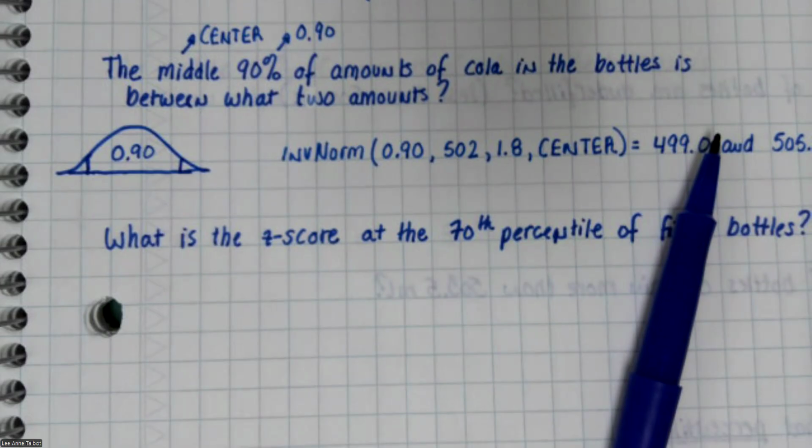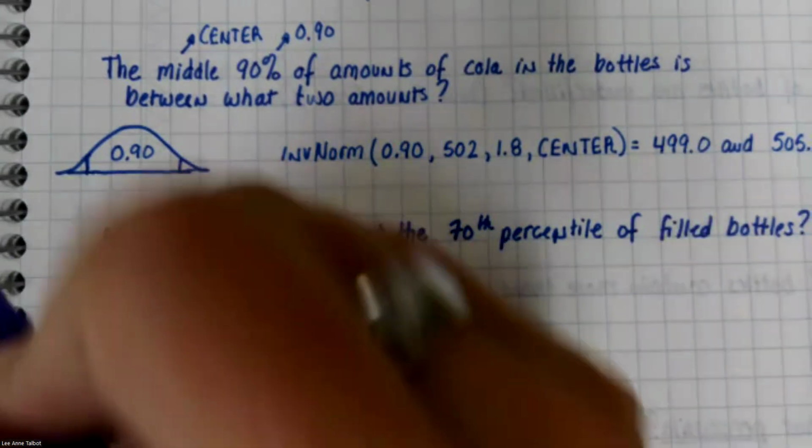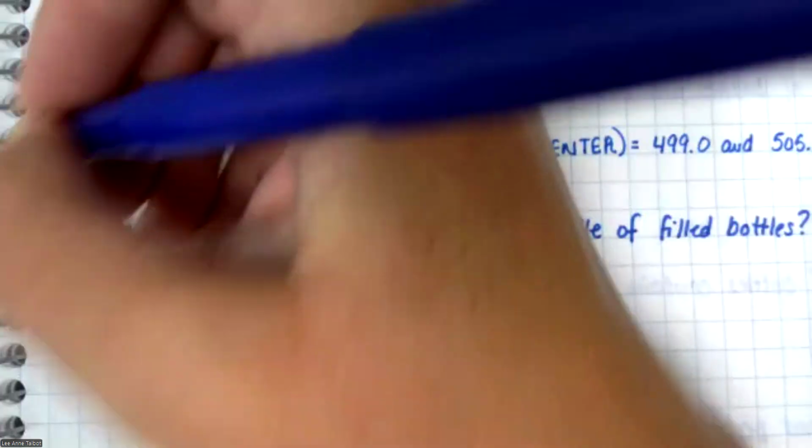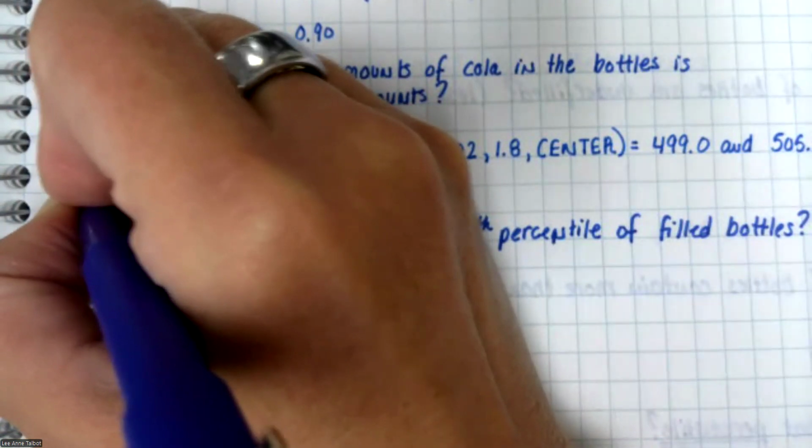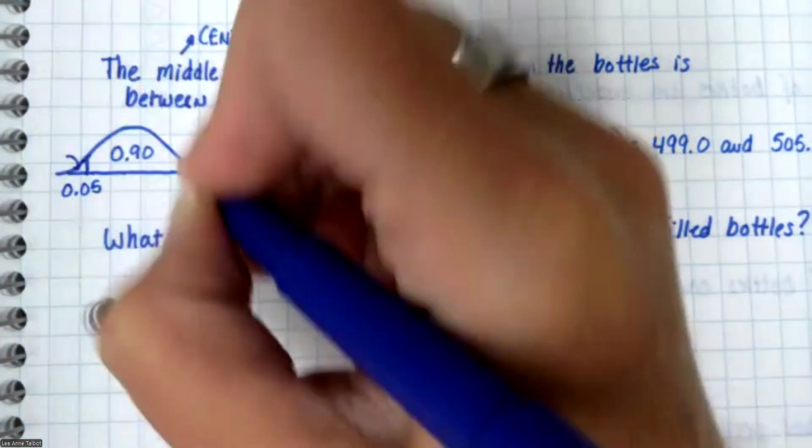Middle 90%. Okay, knowing that your calculator only works in left, you have to put in this spot separately and this spot separately. So you have to do it twice with that first line and that second line. Okay, let me ask you this. If it's 100% under the curve and I took up 90 with the middle, where's this guy at? 5%, 0.05 for this section.